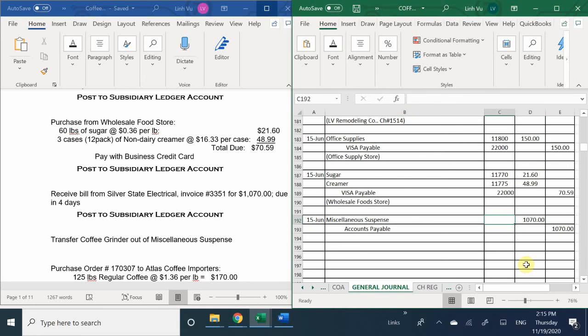Okay, so the miscellaneous suspense account is 19,990, and the accounts payable is 20,000. And then for our note, it'll be Silver State Electrical, invoice number 3351. And then our terms will be net 4 days.